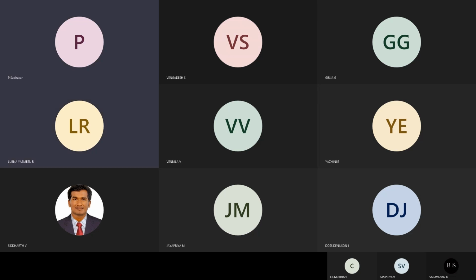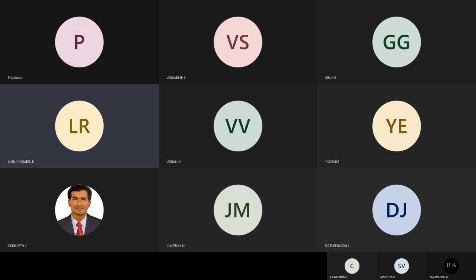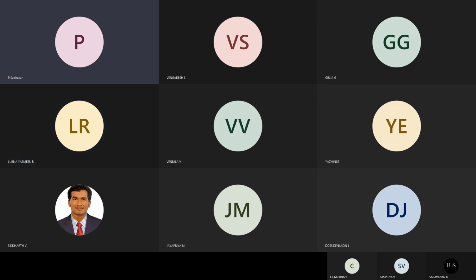So 5.96 into 10 to the power 5, sir. Okay, what about others? It's a correct value. Is everyone getting the same value or a different value? If anyone is getting a different value, please tell me and I will correct what you have done wrong. 5.96, okay.